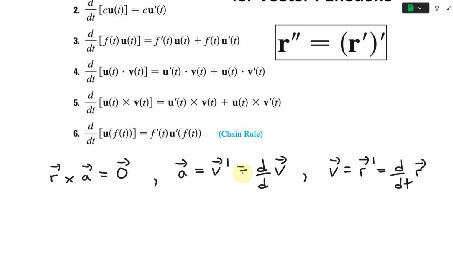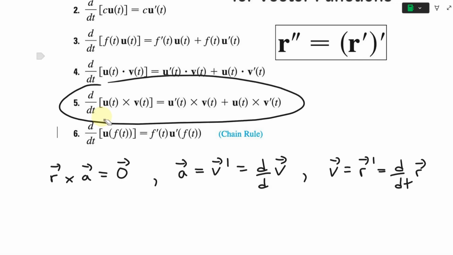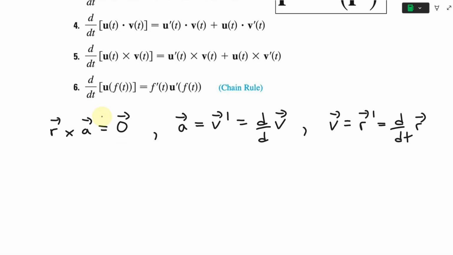I'll write it out in that format, because we're going to use this setup right here. We're going to look at d over dt of, instead of u, r cross v vector. Now it's going to start making some sense.